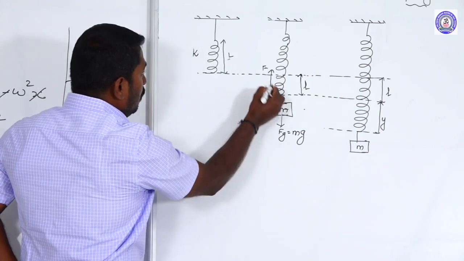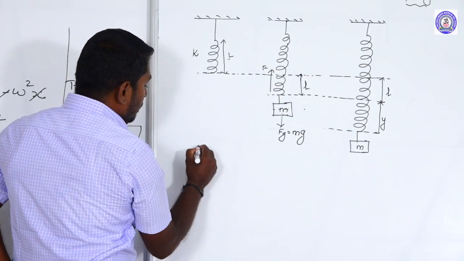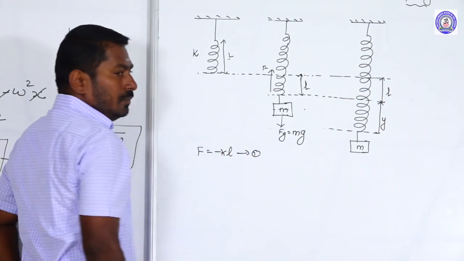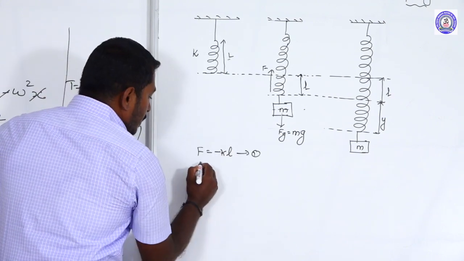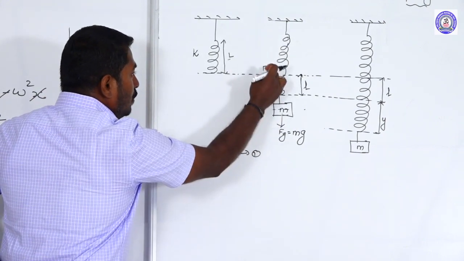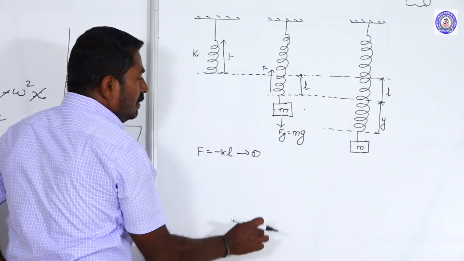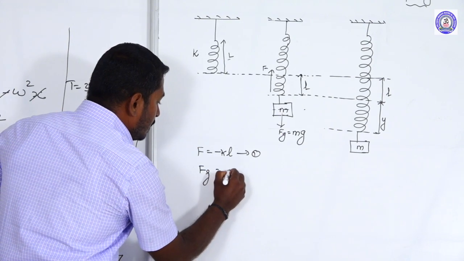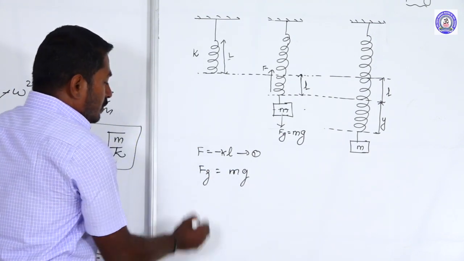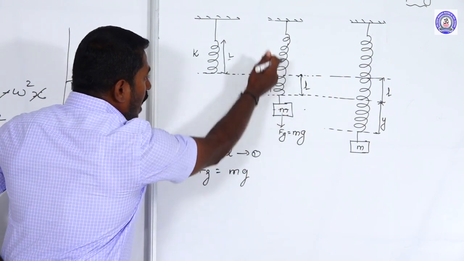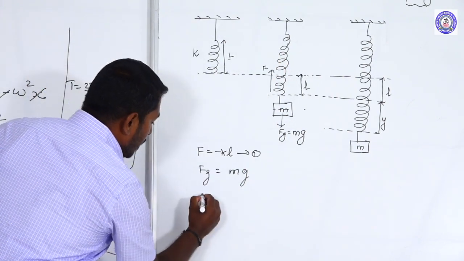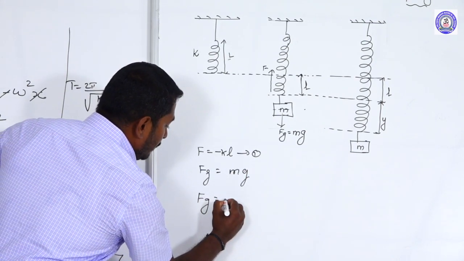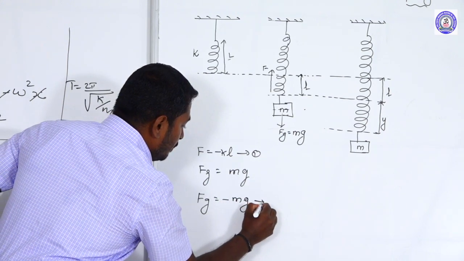Now the restoring force exerted by the spring on the block is F equals minus kL, equation number 1. This restoring force is equal to the gravitational force Fg, which is equal to mg. The gravitational force acts opposite to the restoring force, so the gravitational force acting on the block vertically downward is F equals minus mg.